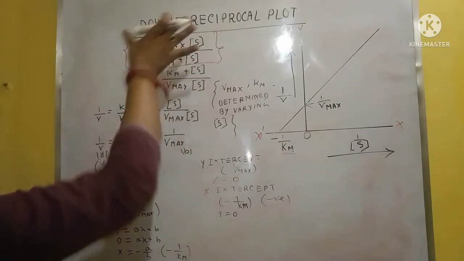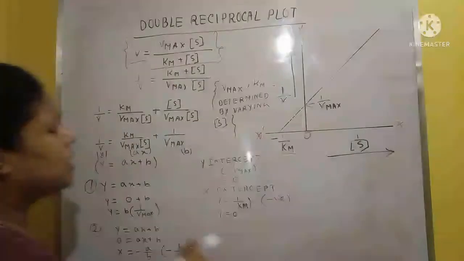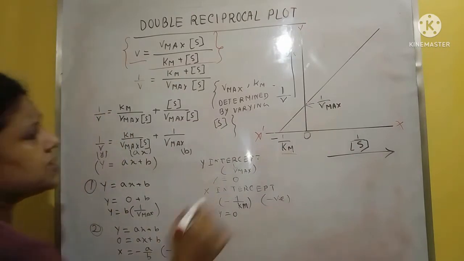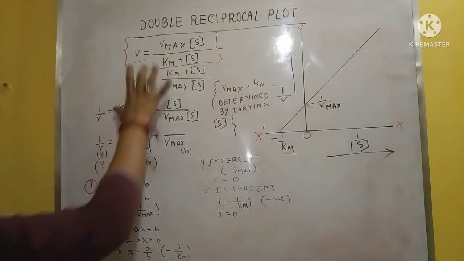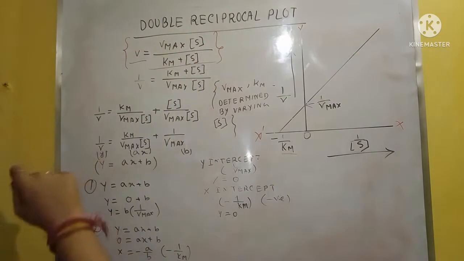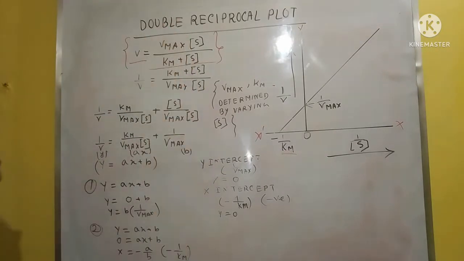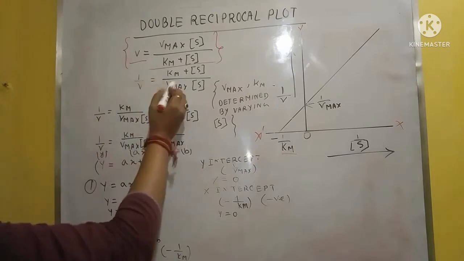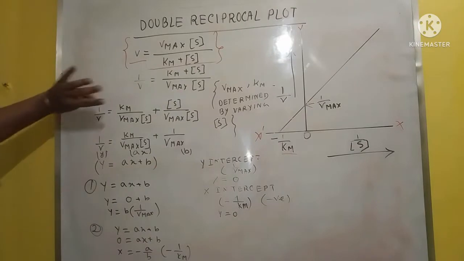You can see here the line is a straight line. Generally in that situation we see a hyperbolic graph or curve, but here we see a straight line. How is this relation plotted in the double reciprocal plot? This is the actual reaction: V equals Vmax S divided by Km plus S. I interchange this reciprocally: 1 by V equals Km plus S divided by Vmax S. I just reverse this side.